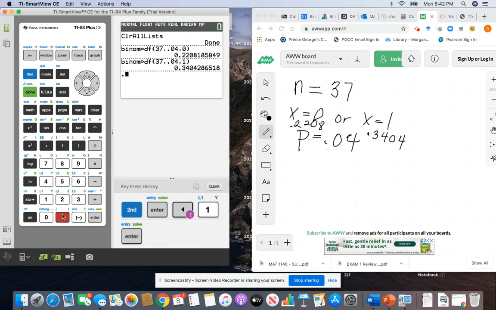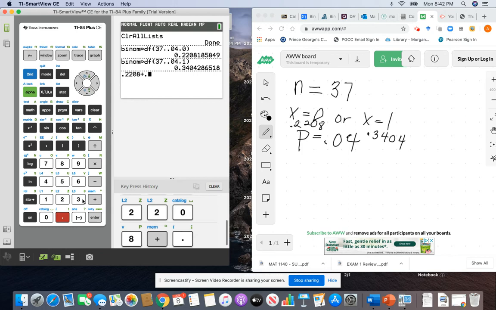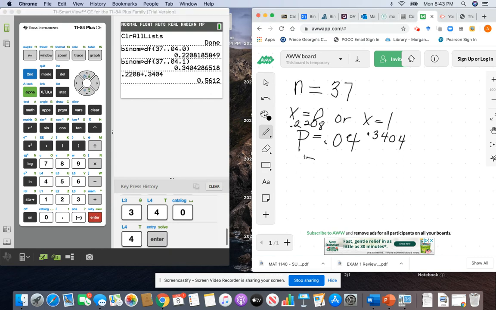So I'm going to add 0.2208 plus 0.3404. And I'm going to get 0.5612. The probability that I'm going to accept this shipment is 0.5612.